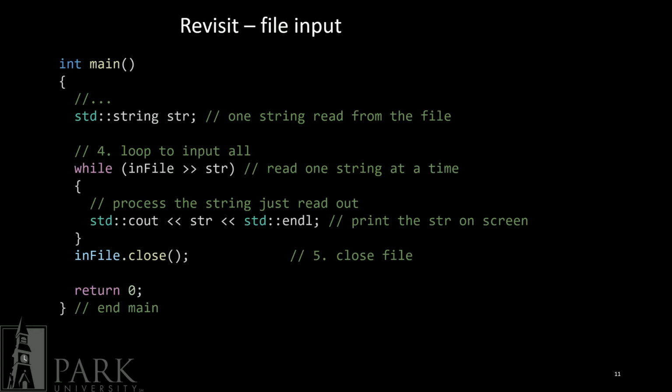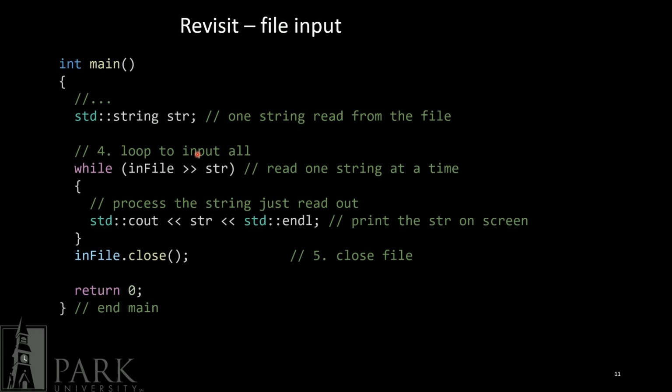So if you remember from our last chapter, we talked about reading data in from a file, and this is an example of where we can use a Boolean expression as a stop condition for our while loop. We'll cover while loops in a little bit, but we are trying to extract some data type from our stream. In this case, it's a file stream, and the success of this operation will evaluate to true or false.